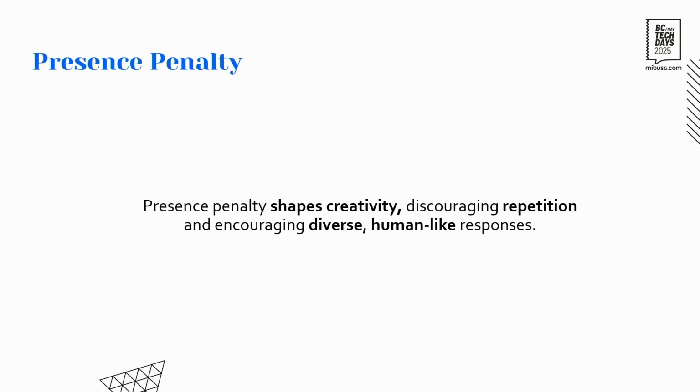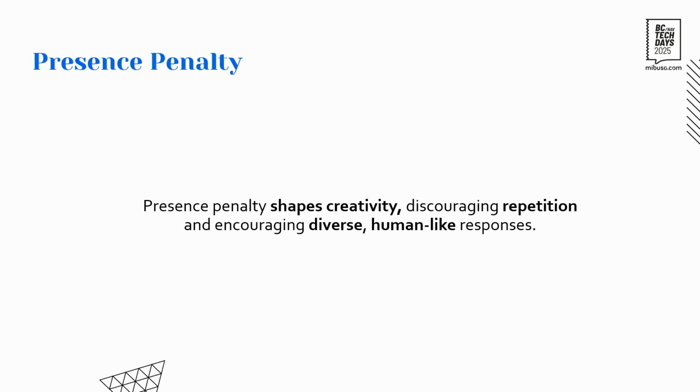There's another very similar one, presence penalty. What it really does is the moment it sees the word, future generations have a hard penalty, and it will not use that word going forward.